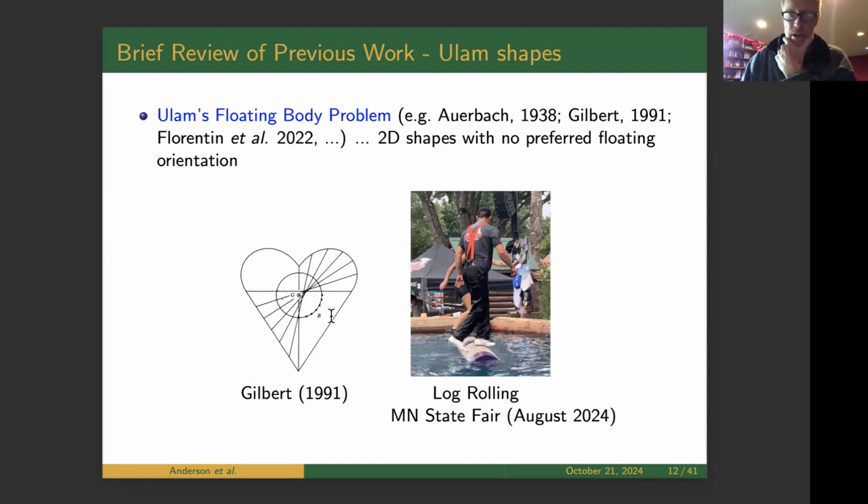Now, if you go back to the circular cross section, from the point of view of just a floating log, there's no particular excitement in terms of the orientation of the floating rod, unless you're standing on it, of course.